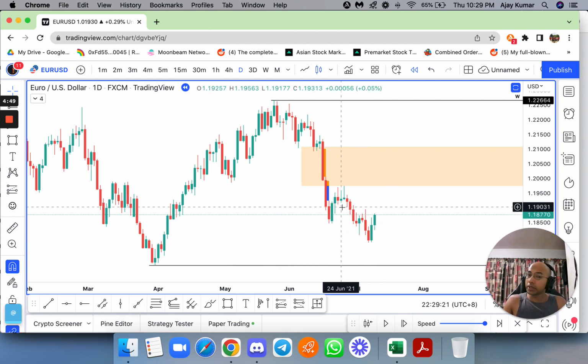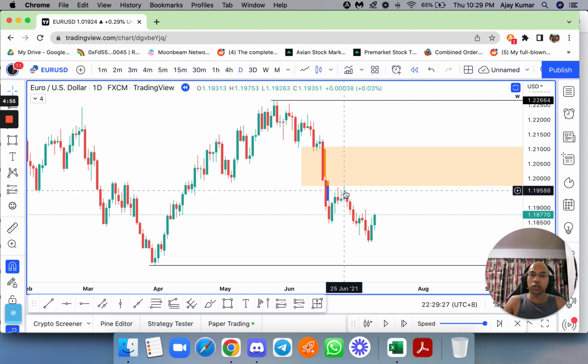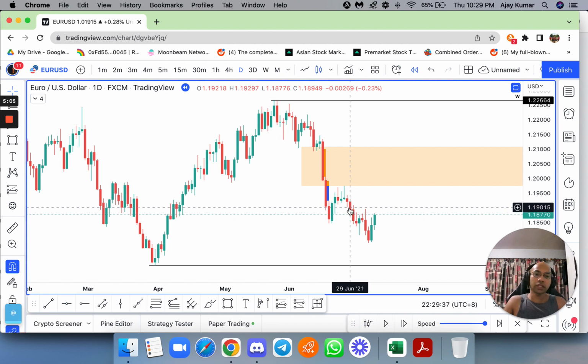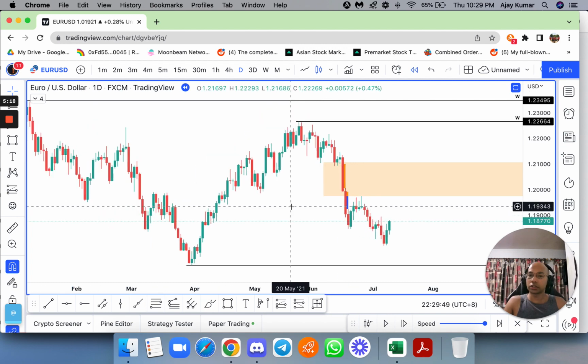The break in market structure could be on the lower time frame as well. So when you see a sweep like this on a 1 hour or a 4 hour, immediately switch to the lower time frames, like 15 minutes, 5 minutes, and see if there is a break in market structure, and enter at the retest, at the FVG, right? It might not always work out, but a lot of times it works out pretty well.